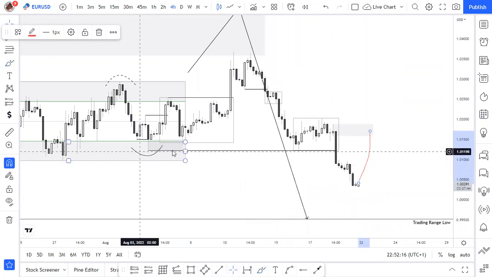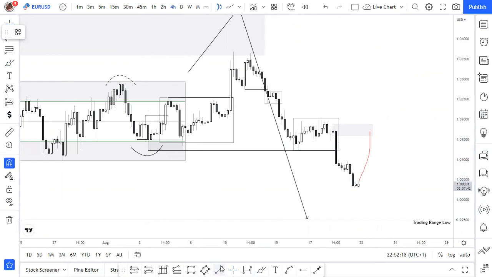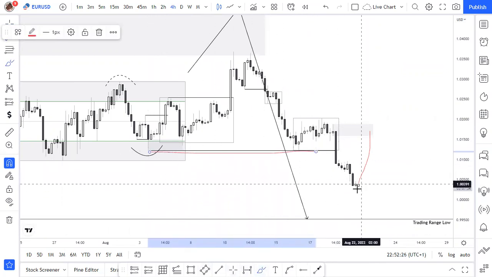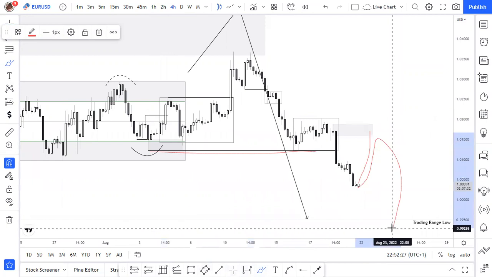Since we have a 4 hour break in market structure here, we can say that after a break in market structure, we will get a pullback before the continuation.